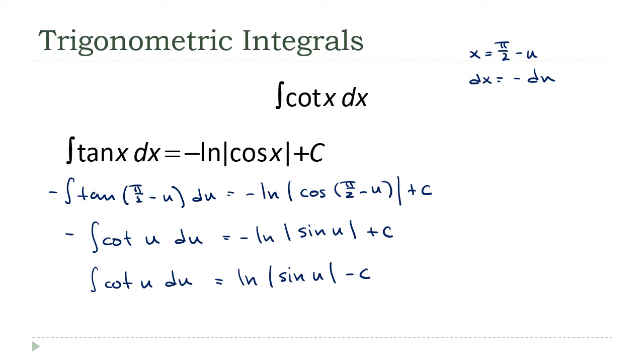Replace the u's with a's if it makes you feel better. We really could go back and put x's in there now. I'm reluctant to write it that way because that would be using x to mean two different things. But that's our formula. The integral of the cotangent of x equals the log of the absolute value of the sine of x, plus some constant.